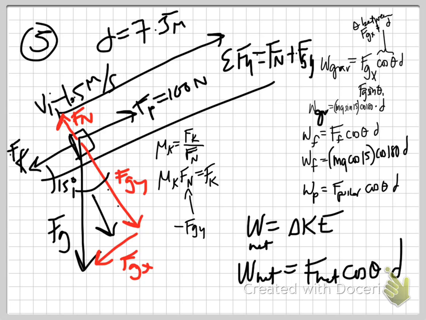Now, once you find this net work, can you find the final velocity of the crate? Sure. How do you do that?